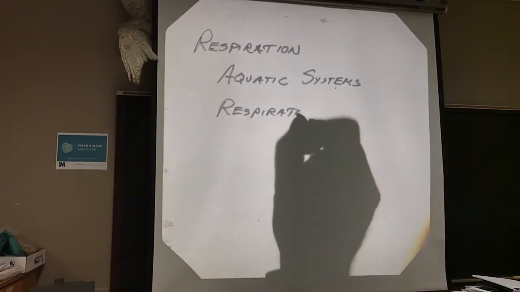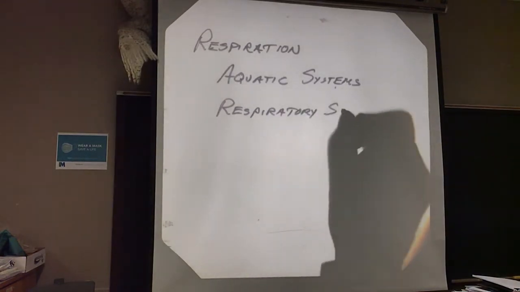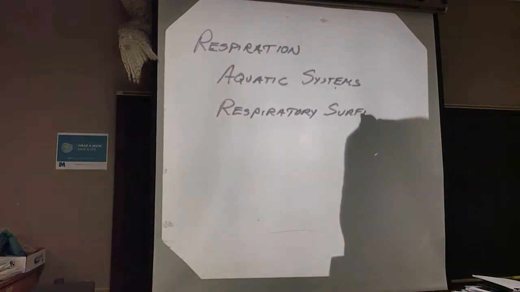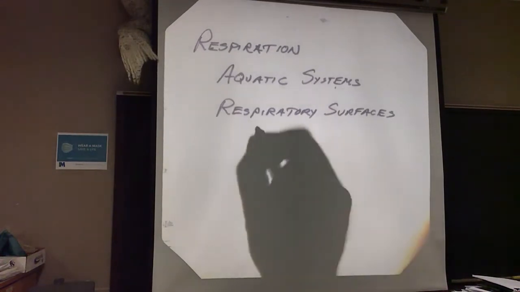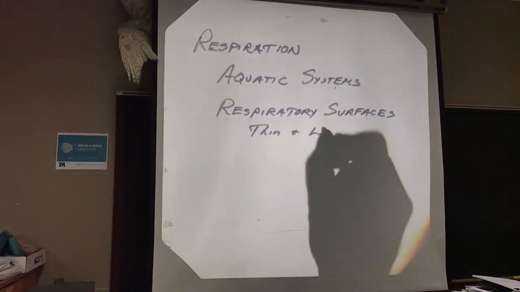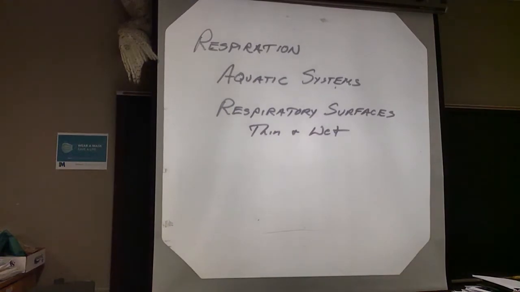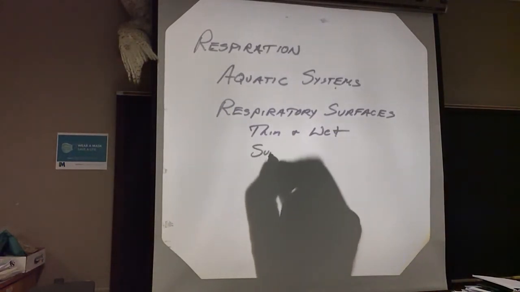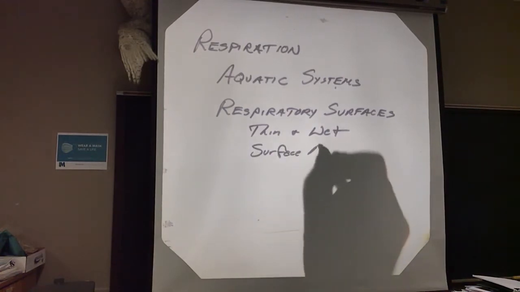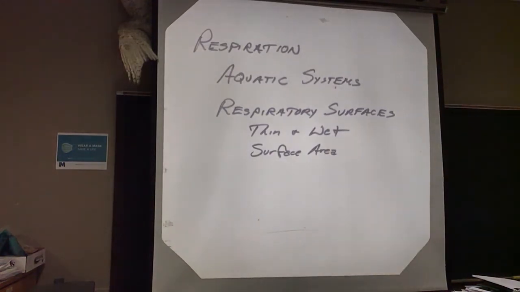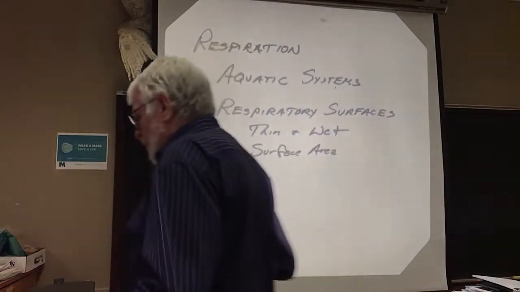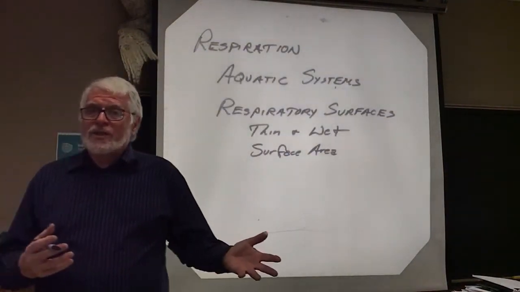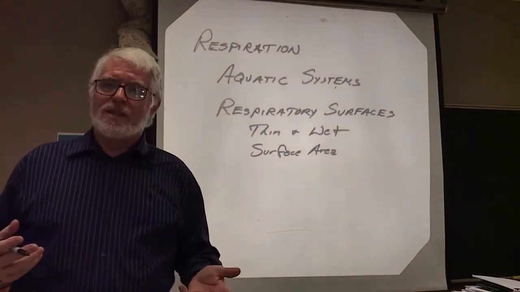So, respiratory surfaces need to be thin and they need to be wet. Oxygen and carbon dioxide are moving through a surface. The more surface you have, the more exchange surface you have.